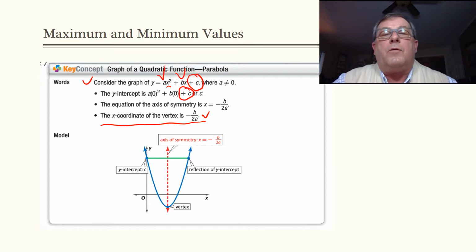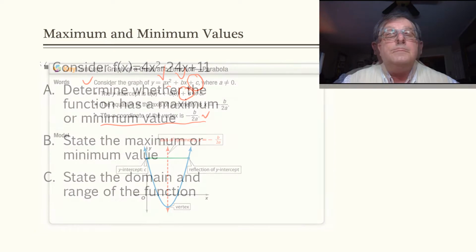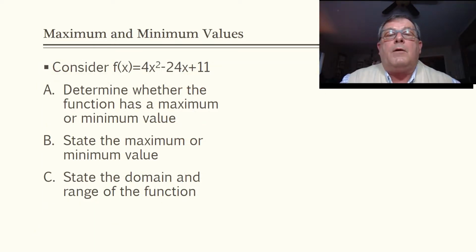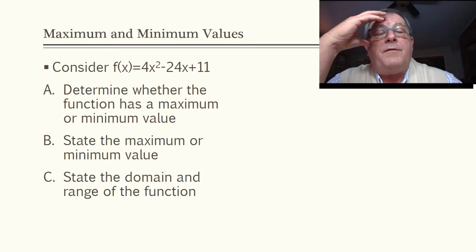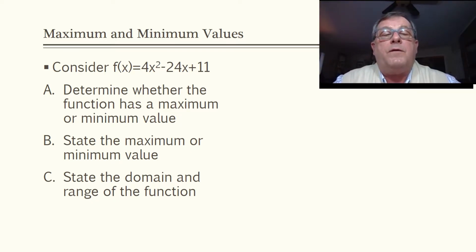So let's take a look at one real quick, and we'll figure out how to do it. Okay, so now we're being asked to consider when f of x is equal to 4x squared minus 24x plus 11. We're asked first to determine whether the function has a maximum or minimum value. I can solve that pretty easily by looking at this lead coefficient, 4x squared.